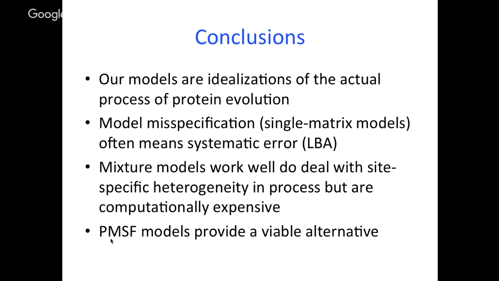And our new PMSF models provide a viable alternative. At this point, I should say that the newest versions of IQ-TREE, version 1.5 and higher, or 1.4.4 and higher, actually have this PMSF model implemented, and we have a manuscript in preparation.